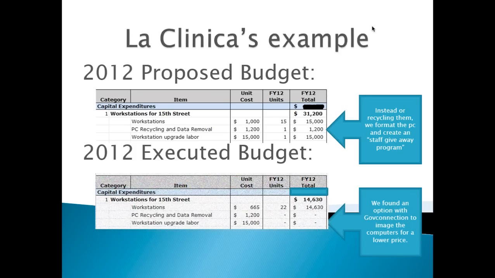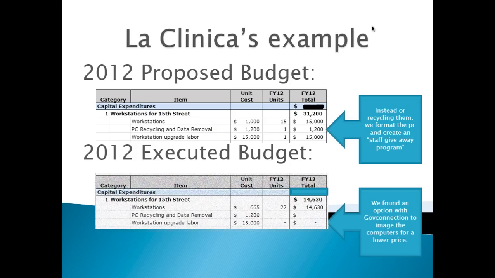They've left it in the budget and said, well, we understand this is a priority, and we may not have the funding to completely do this in fiscal year 2012, but let's leave it in the budget. And then if the money is made available, we already have that prioritized list of what we need to invest in.